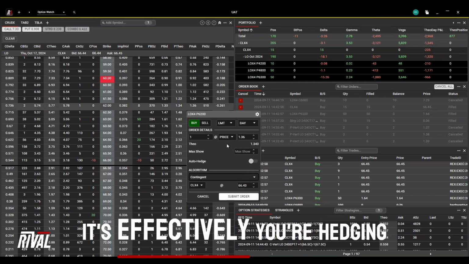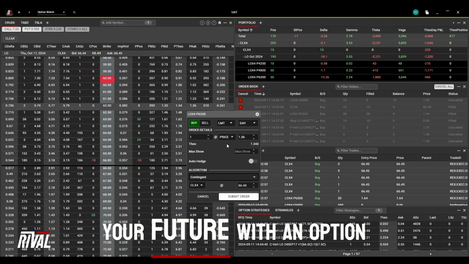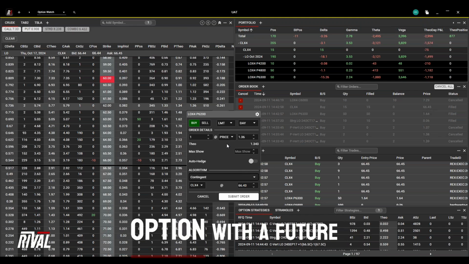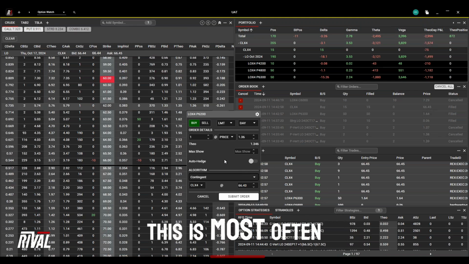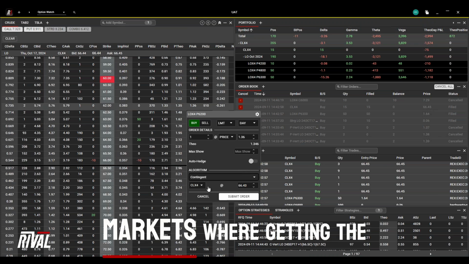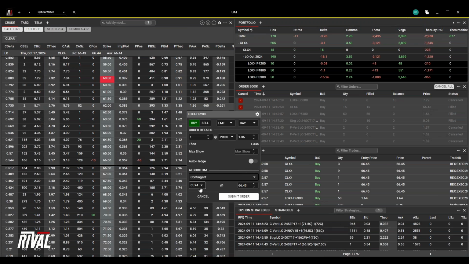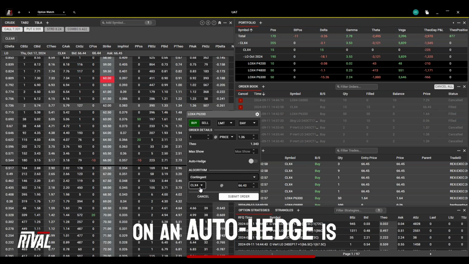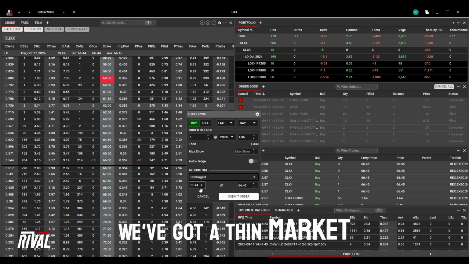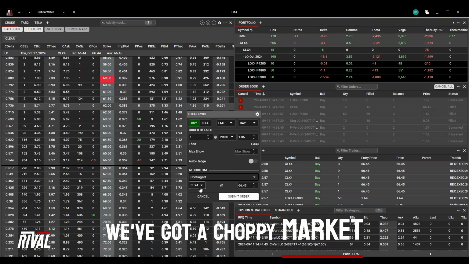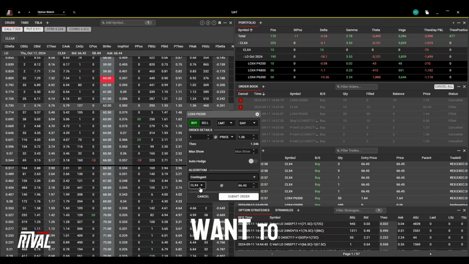So it's effectively you're hedging your future with an option rather than hedging an option with a future. This is most often used in more illiquid markets where getting the hedge on an auto hedge is not guaranteed. If you've got a thin market, if you've got a choppy market, this is the algo that you would probably want to use.